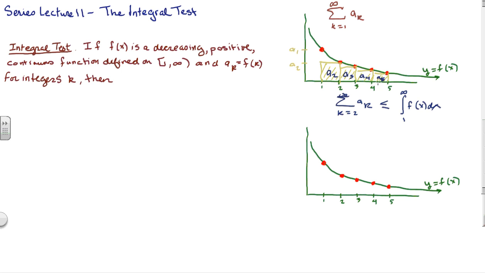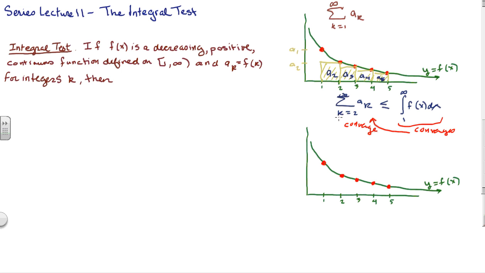So that area is going to be part of, but not the whole part of, the area under the graph of f of x. So in other words, if that integral right here converges, goes to something finite, that means the sum has to converge as well, right?